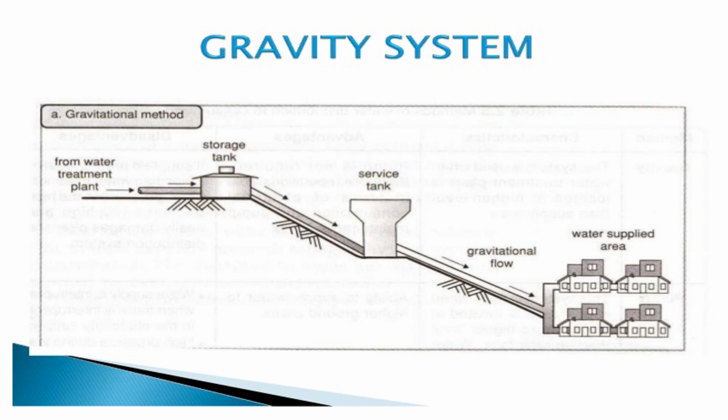Gravity method is the system which uses the gravitational method, right? Here the treated water from a water treatment plant is stored for some time. After some time, when there is a requirement for distribution, we have the next pipe, the service tank, right?